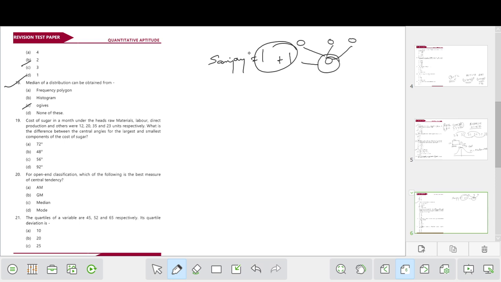Cost of sugar in a month under the head of raw material, labor, direct production and others were 12, 20, 35 and 23. What is the difference between central angles for the largest and smallest component? So add it up: 12 plus 20 plus 35 plus 23. This will come up to 90. So 360 degrees in a circle divided by 90 is equal to 4.